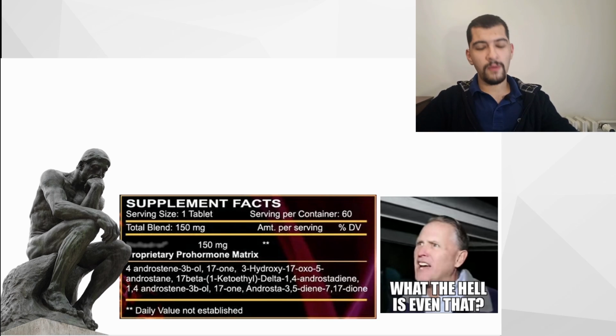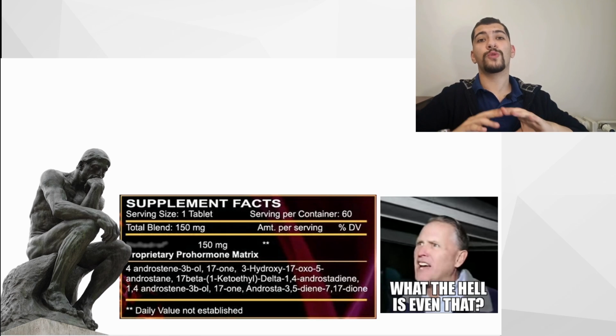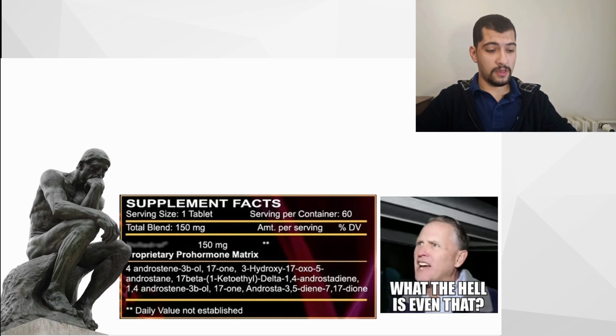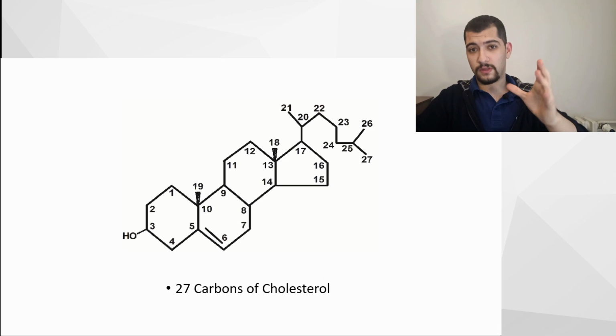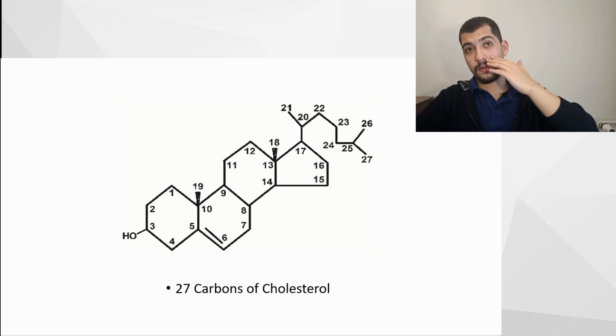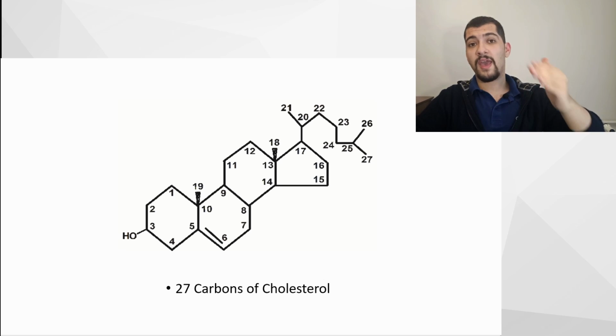So what I want to address is how you can imagine or draw the molecules according to the label. That's what I'm trying to do. So if you take a look at the old cholesterol hormone, it has 27 carbons, and with almost every step of the steroidogenesis, they lose carbons.